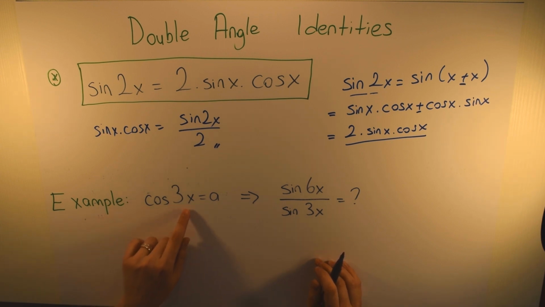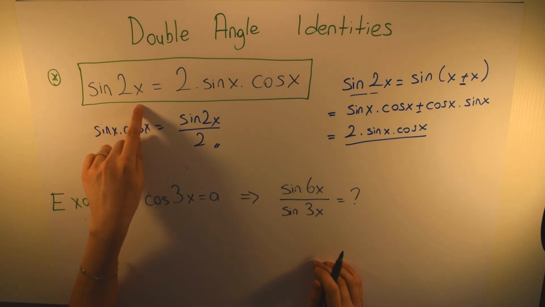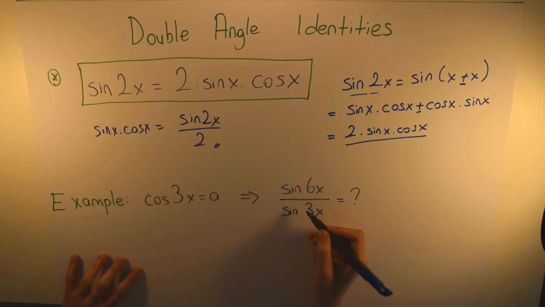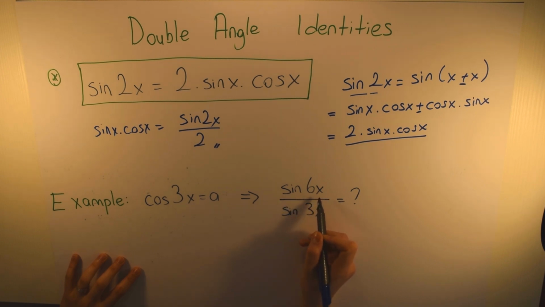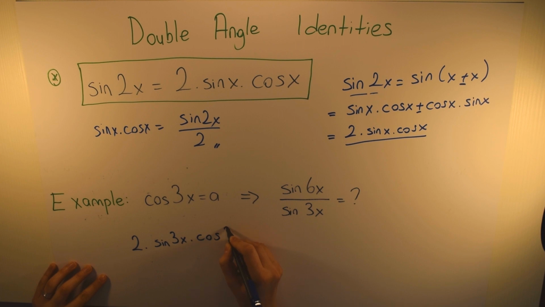Here we have cosine 3x is equal to a. So what's the value of sine 6x over sine 3x? Since we have sine 3x here, we can use the double angle identity for sine on the sine 6x. So instead of sine 6x, I can write this as 2 times sine 3x times cosine 3x, right?